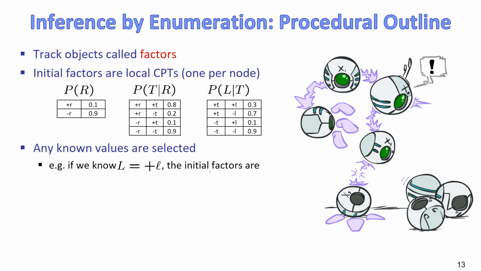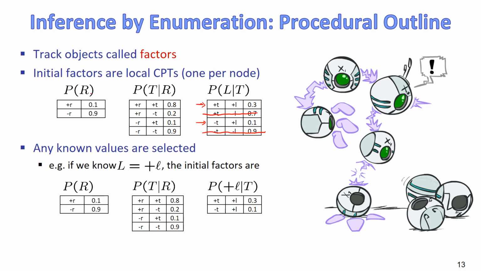So if I have plus L here, there's no L here, there's no L here, but there is L here, right? So I will just cross out the ones that don't match the evidence, and I will keep just these 2 rows for that factor. So initially I will have P of R, it's the same, P of T given R, it's the same, and P of plus L given T, because I just selected the rows that match plus L.